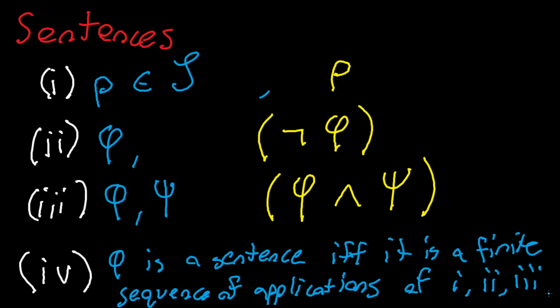So the idea is, this is important too. This is an if and only if, right? So not only can I make new sentences, I can always make a new sentence with a negation, and I can always make a new sentence by taking the conjunction of 2 sentences.